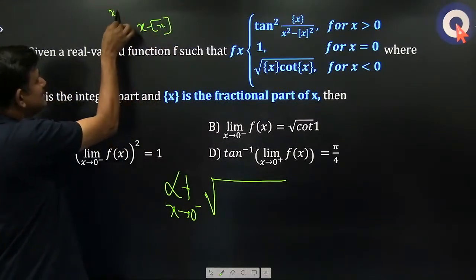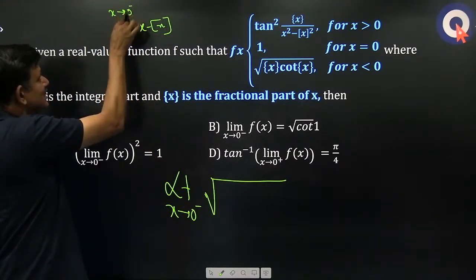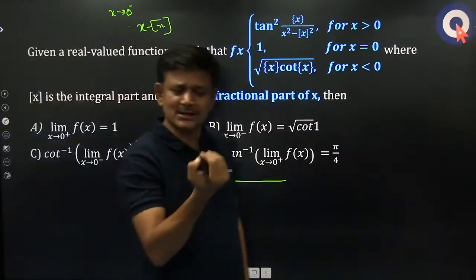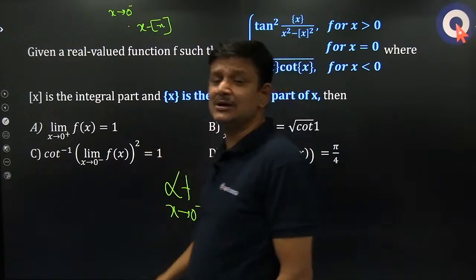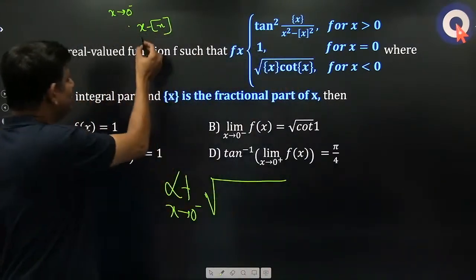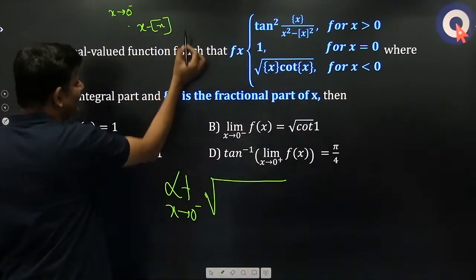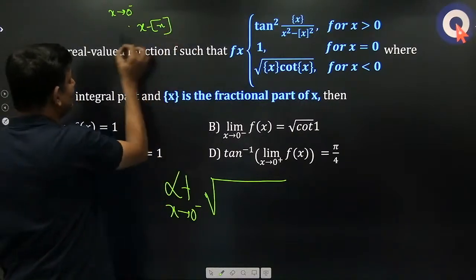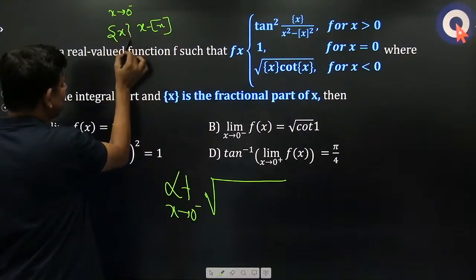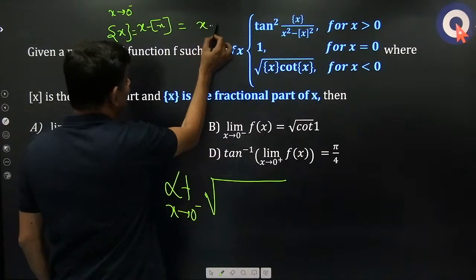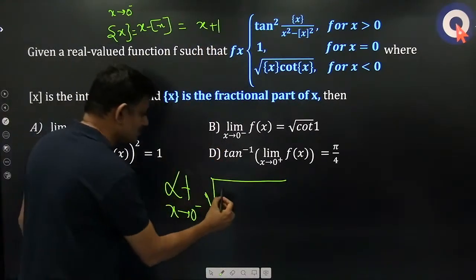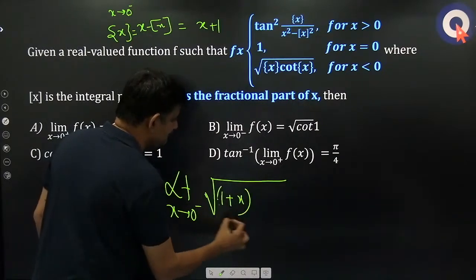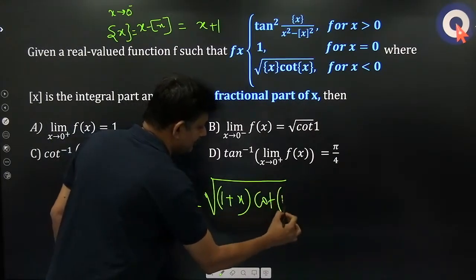Now, whenever x is less than 0, that is x tending to 0 minus, a slight negative number, what is the integral part of x? Minus 1. So this will be x minus minus 1, or x plus 1. The fractional part of x will be x plus 1 whenever x is a slight negative number. So this is 1 plus x into cot of 1 plus x.